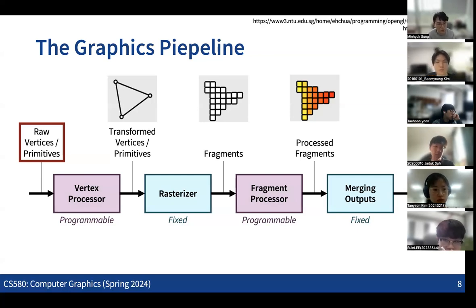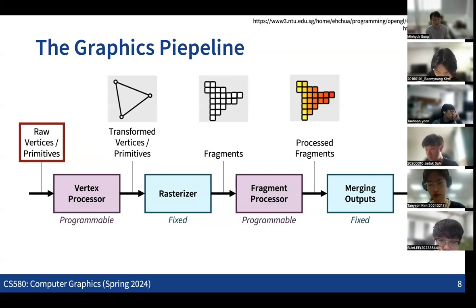But in the modern OpenGL based framework, from 2.0, you can implement the vertex processor and the fragment processor as you want. So these two are the programmable components, while the rasterizer and the other components are fixed components which are already implemented in the hardware. This means that you can implement the vertex processor and the fragment processor as you want based on the shader language.